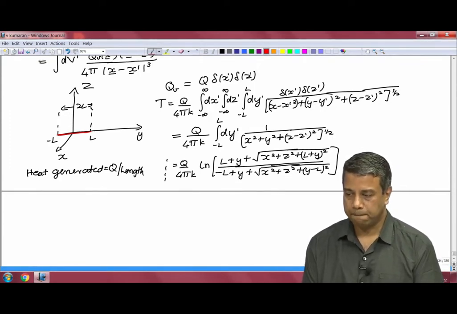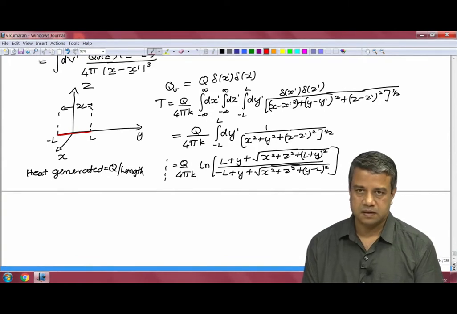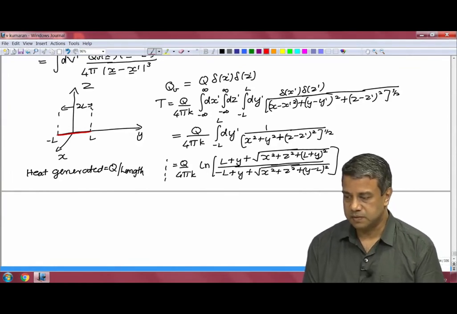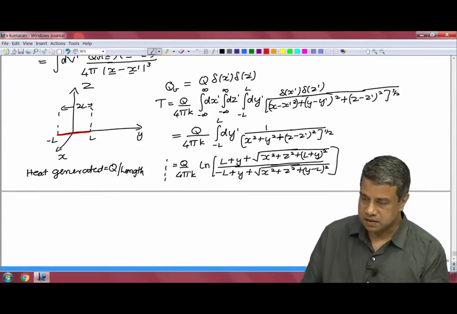The delta function is non-zero only when x prime is equal to 0 or z prime is equal to 0, and the integral is 1. So, when I have an integral of a delta function times something, I can remove the delta function and the integral and set x prime equal to 0 in what is remaining of the integrand. Similarly for the z direction.